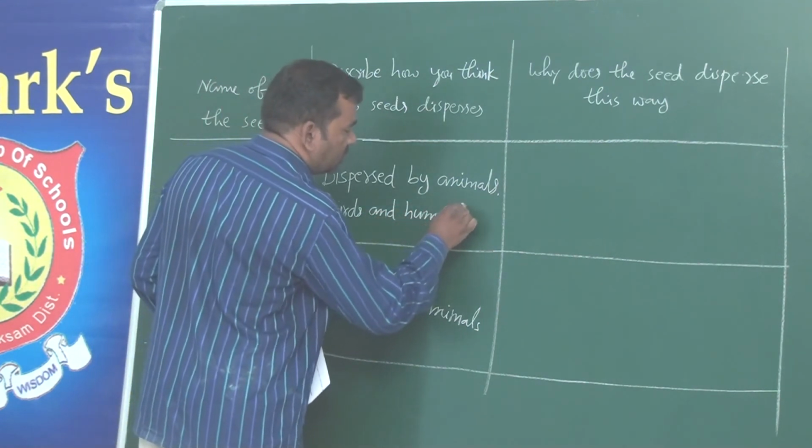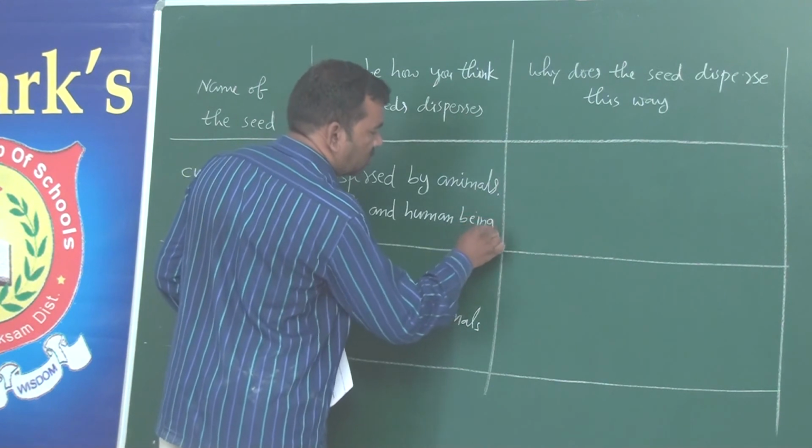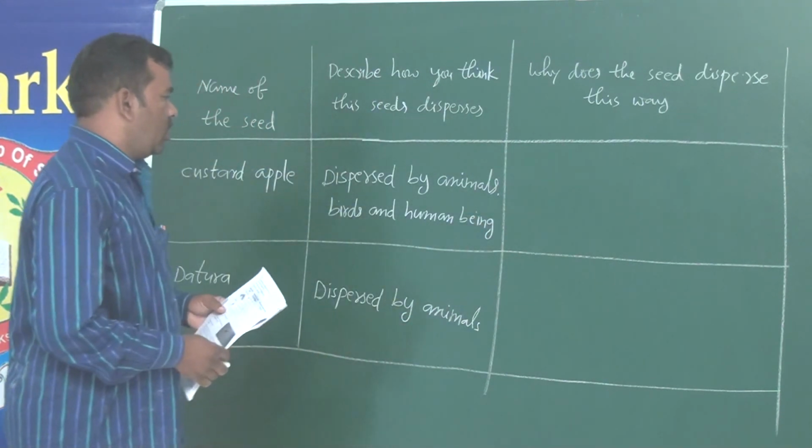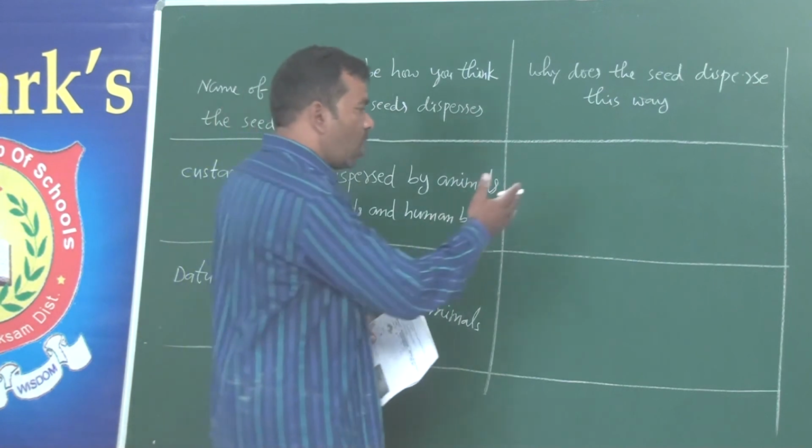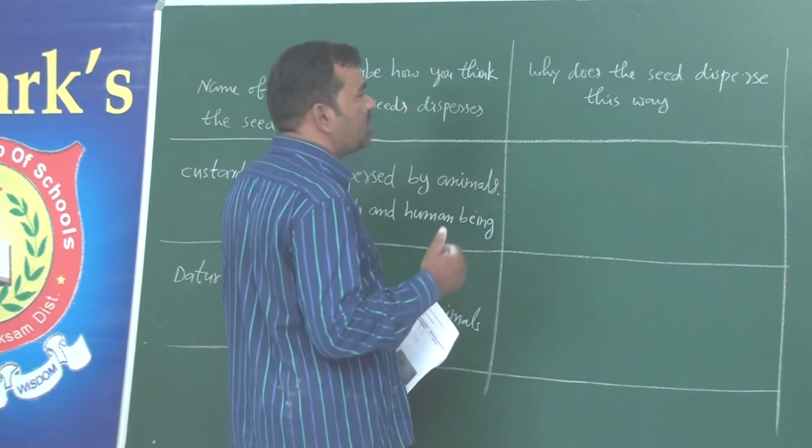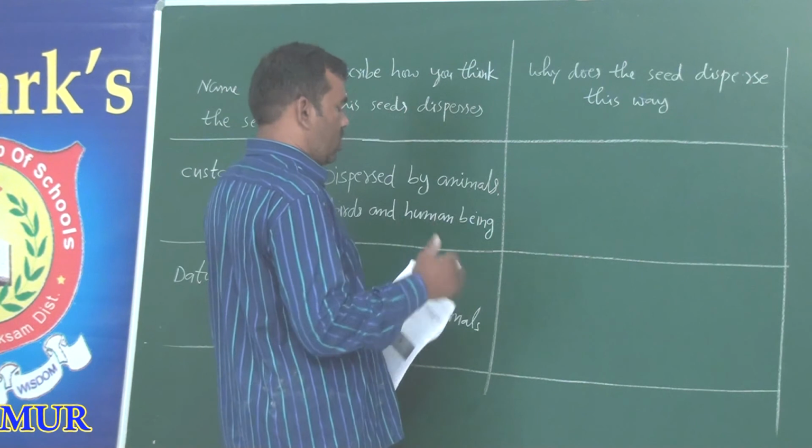Human being. Understand? Now in the box we do write why does the seed disperse this way?